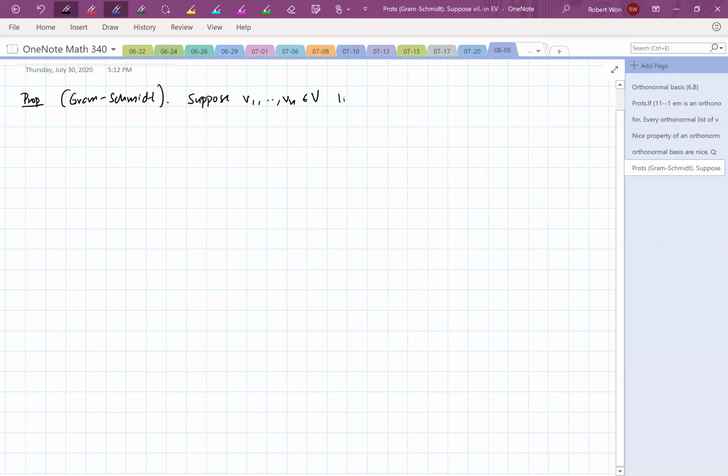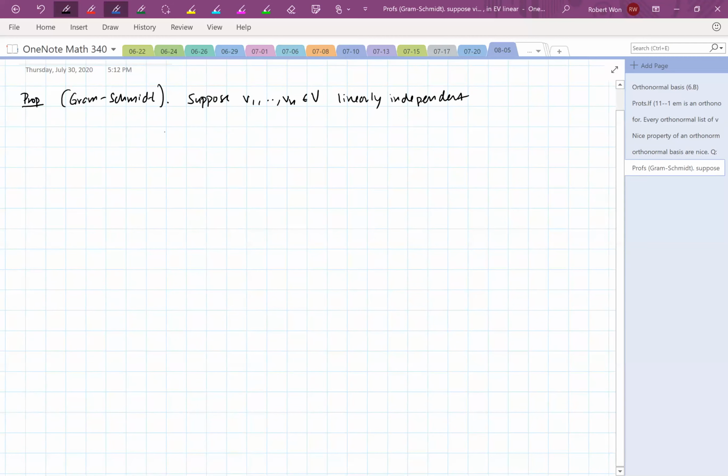Here's the result. Gram-Schmidt. Suppose that you start with any old linearly independent list you want. What we're going to do is define one at a time an orthonormal list that has the same span.